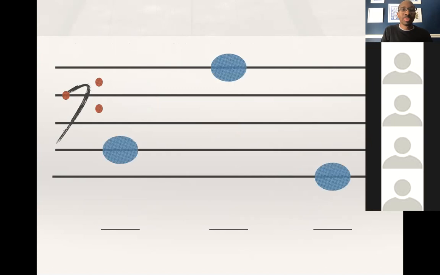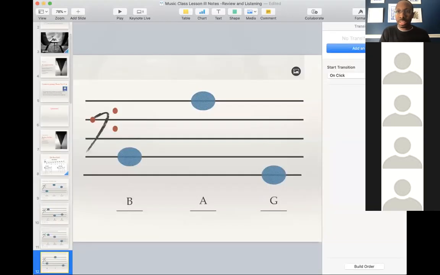All right. We have three more line notes. Who can tell me what the first one is, starting from bottom to top? Good boys do fine always. Let's go back here.